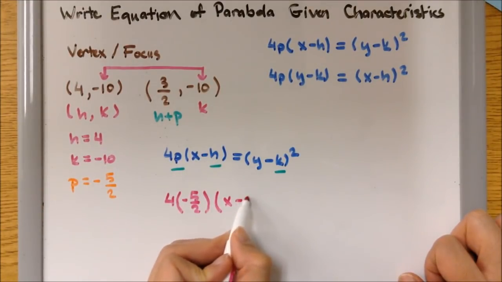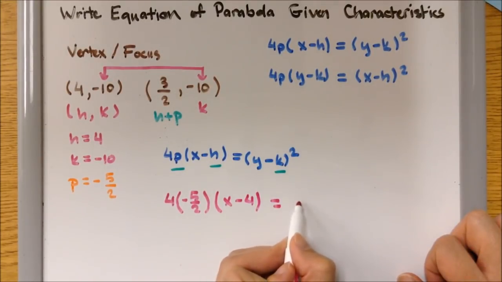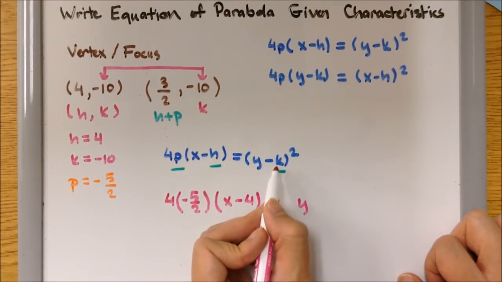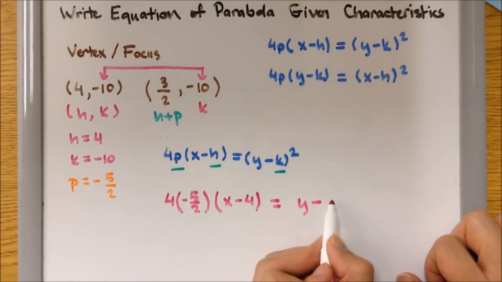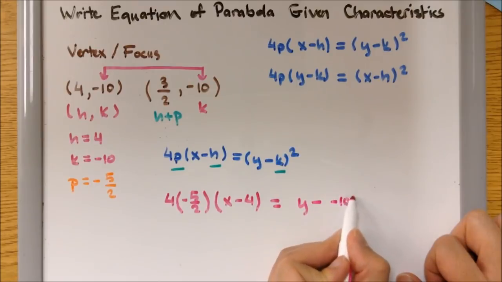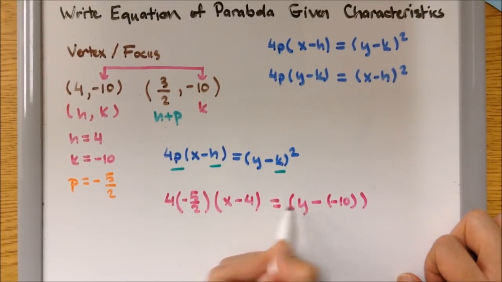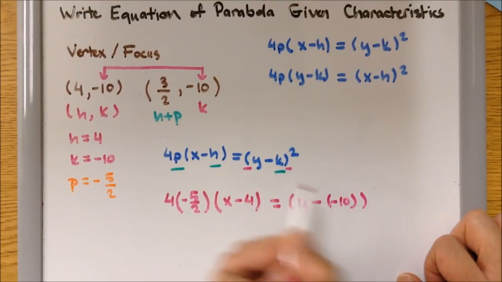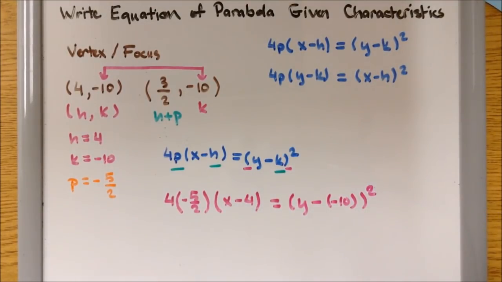So it's going to be x minus 4. And then I'm just going to simply plug in k. Since k is negative 10, I'm going to plug in negative 10 with a parenthesis, and then another set of parentheses, because this is the other set of parentheses I put here with the square.